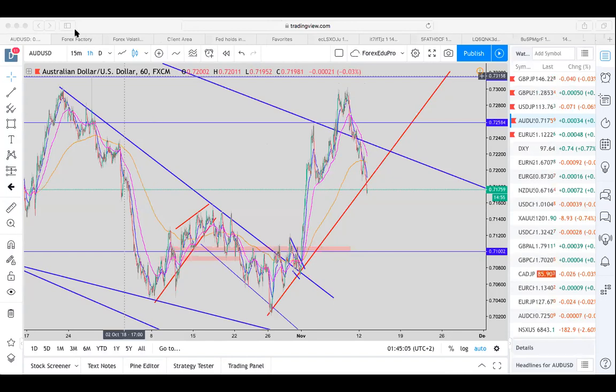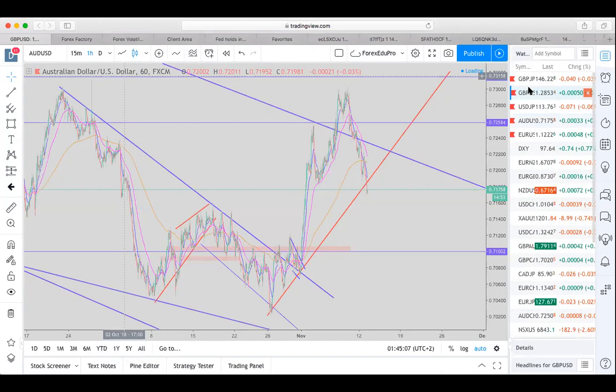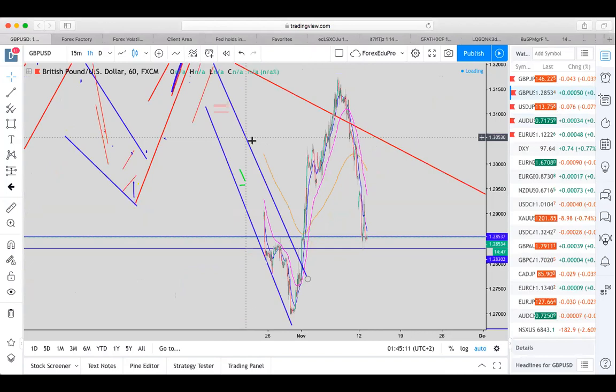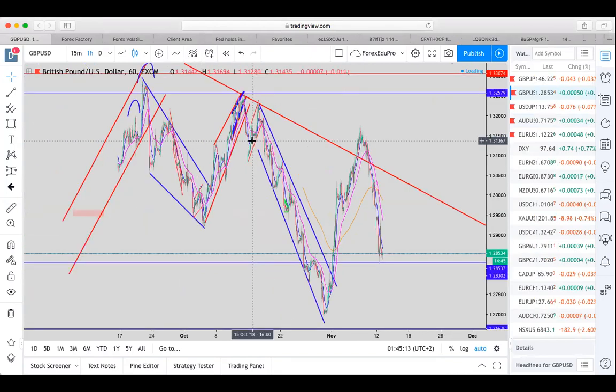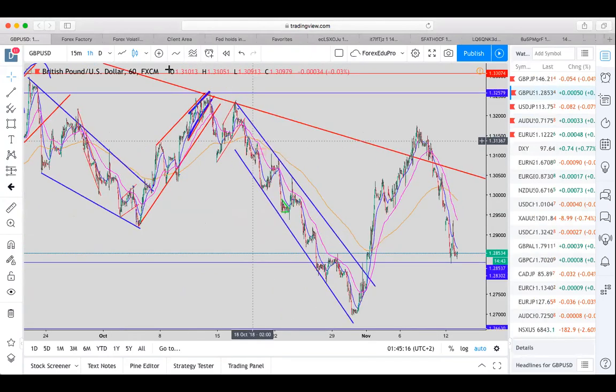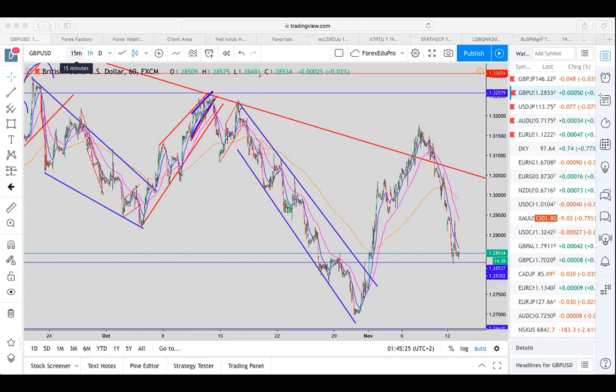Even over here on the GBP/USD. So we have the break.